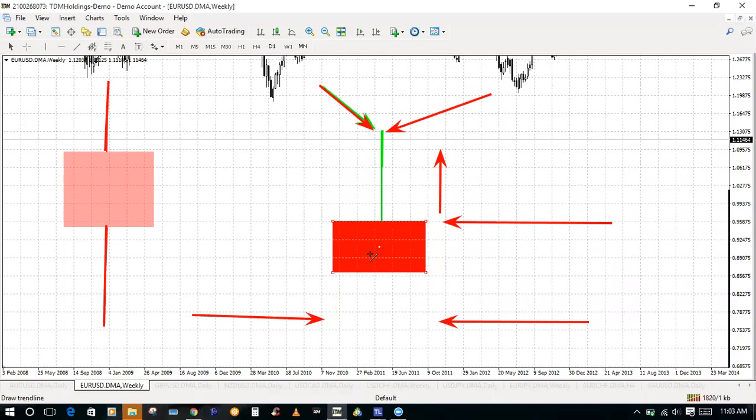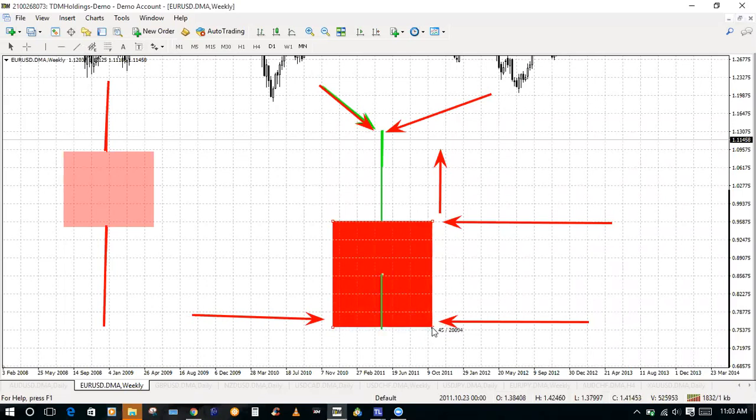As they are pushing the prices upwards, you'll have a wick printing at the bottom. Remember, prices used to trade down to this low, but with excess buying, prices had no choice but to start moving upwards. And then the candle ends up closing something of that sort.